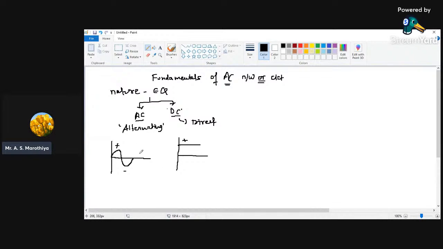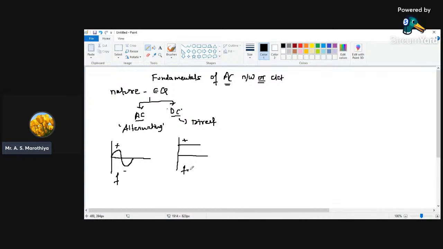This is very important. So in case of alternating, because they are going to alternate for a specific duration of time on a regular interval basis, that's why here we have the concept of frequency, because frequency indicate how many number of cycles that quantity is going to do in 1 second. But in case of DC quantity, because the quantity is not going to vary with respect to time, hence we don't have the concept of frequency.